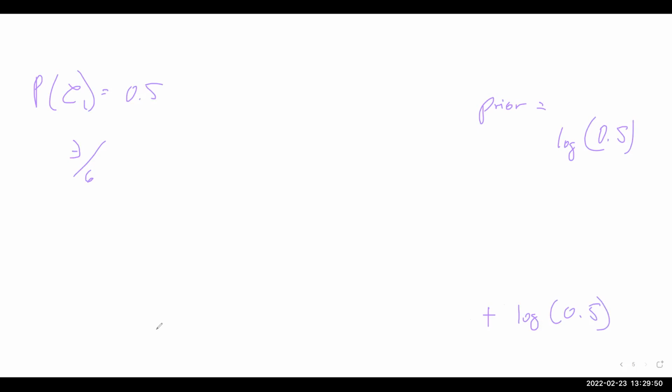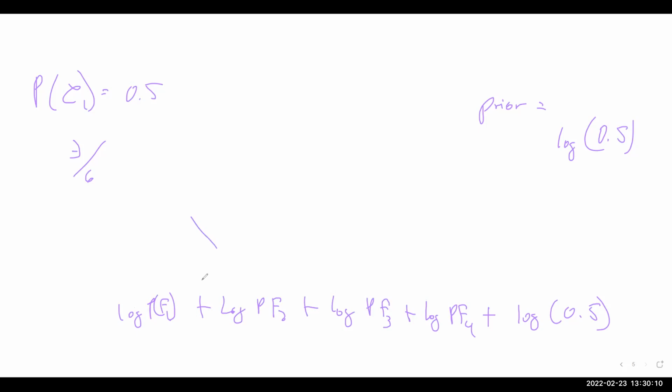But I still need to do the log probability of F1 plus log probability of F2 plus log probability of F3 plus log probability of F4. You guys see that?